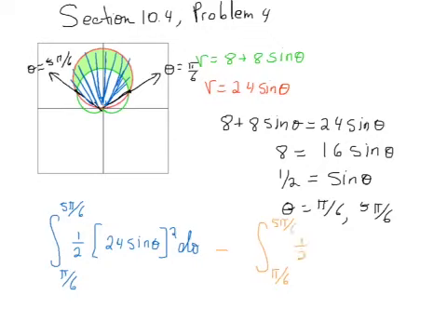So I want to subtract this region now that I'm drawing in orange, and that's the region bounded by the cardioid, so the green curve, between those two rays. So it's going to be 1/2 (8 plus 8 sine theta) squared d theta. And that's going to be it.